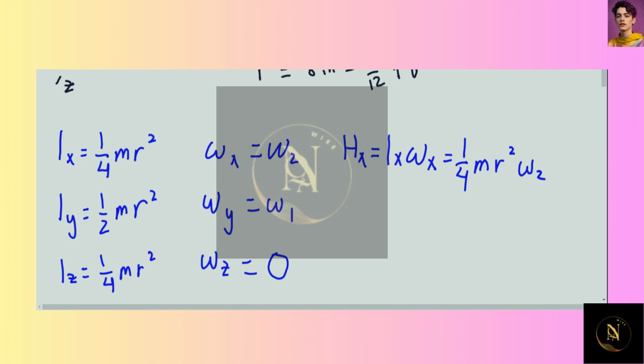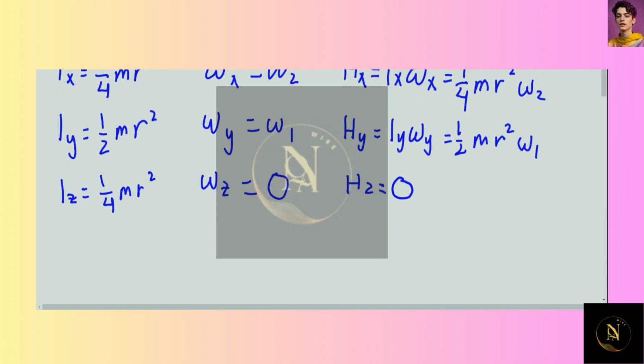Then we do the same thing for the y direction, and the same for the z component. We know this angular velocity is 0, so the z component is just going to be 0. There's no z component.